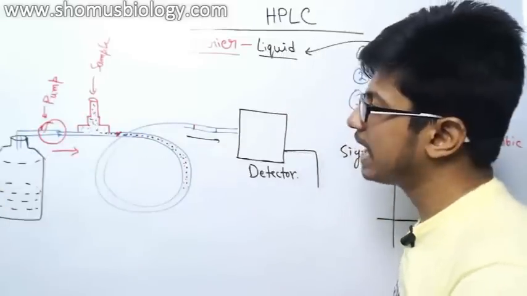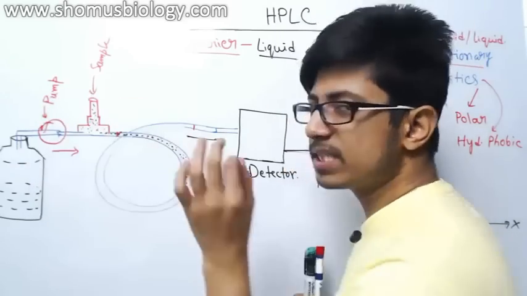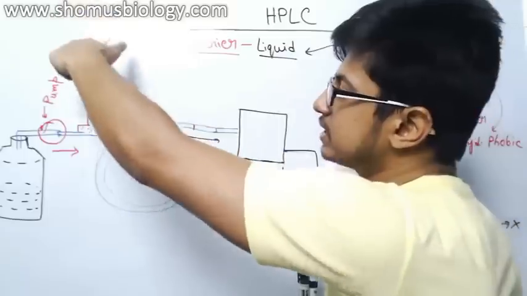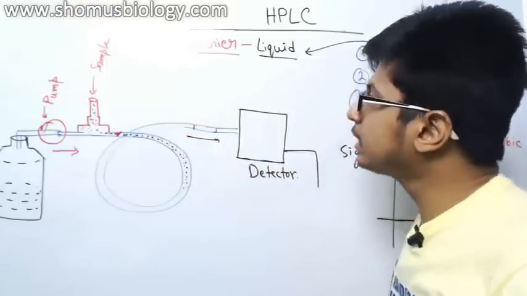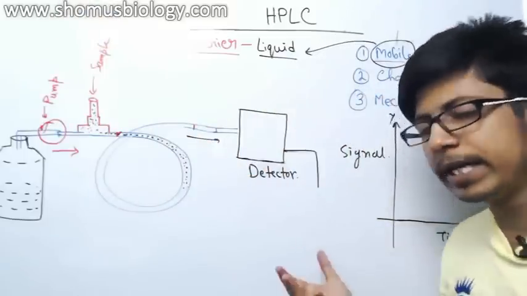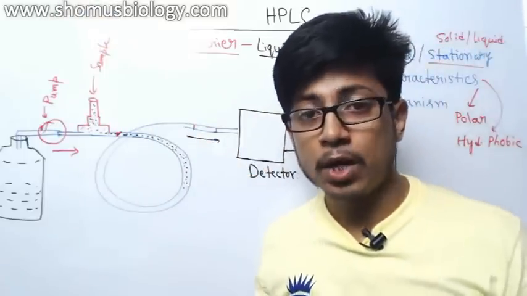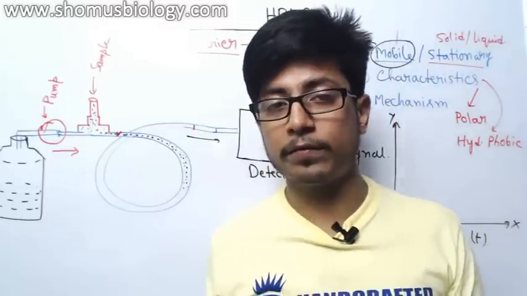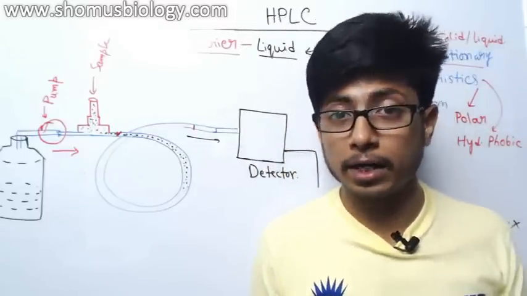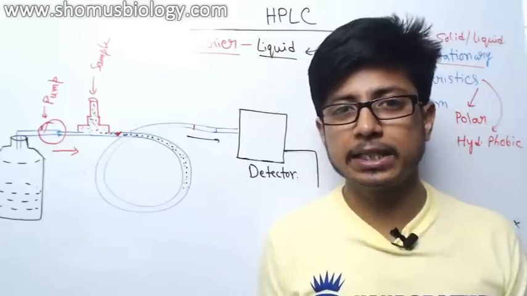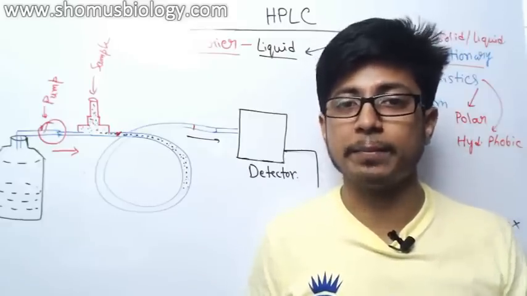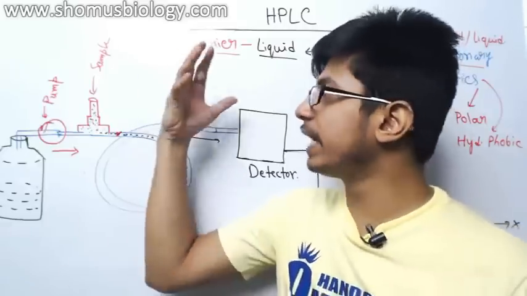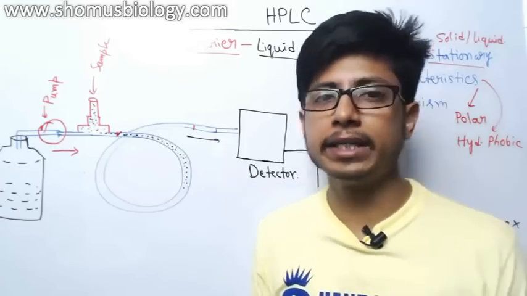Right after the pump, we have a sample chamber where we inject the sample. What kind of sample can we use for HPLC? We mostly use biological samples. In gas chromatography, it is not good for separating biological samples because we heat the sample and make it volatile, into vapors. But in HPLC, we are not heating them.